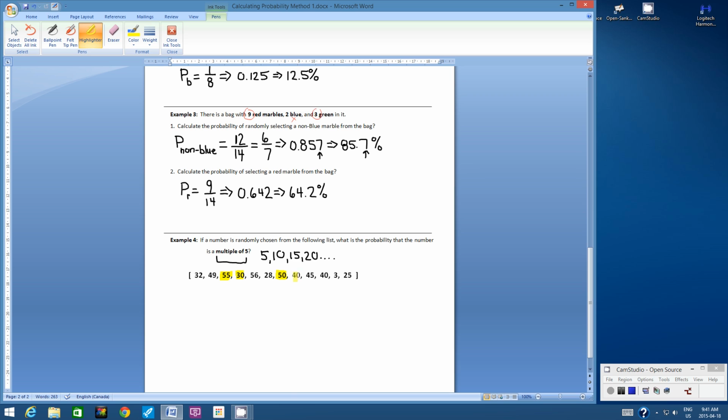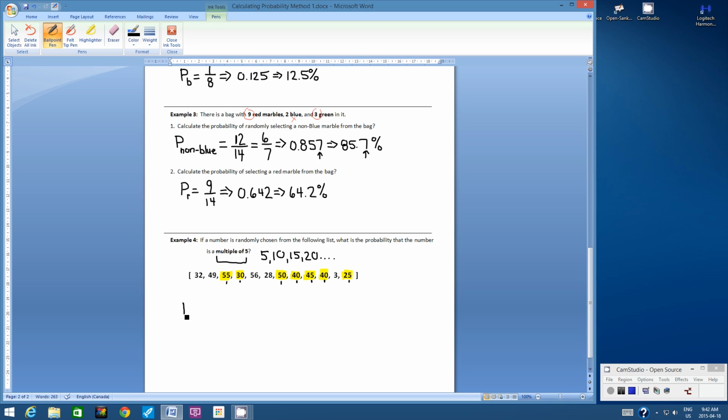Yes. Is 40? Yes. So if you don't have a highlighter, you can just circle these or put a check mark above them, whatever system works. 45 is, 40 is, 43 is not, 25 is. Okay? So how many do we have here? We have 1, 2, 3, 4, 5, 6, 7.